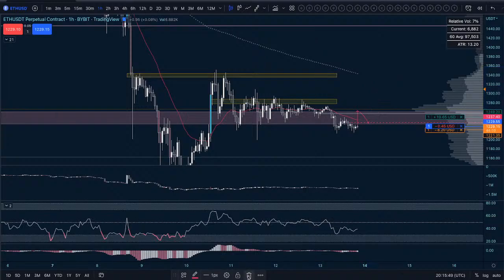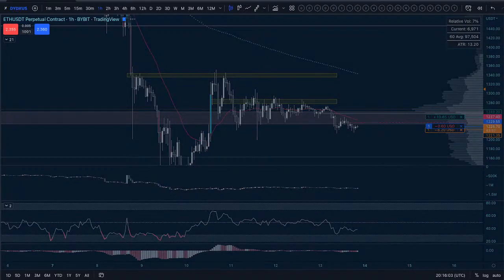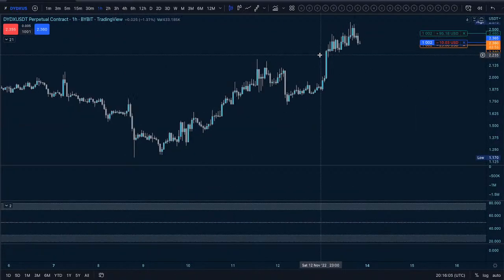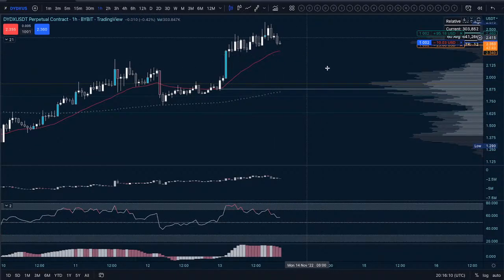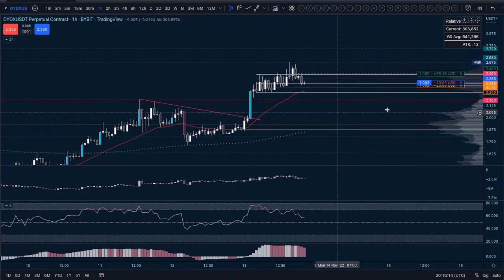Yeah, the 4 hour. What happened? Let's do this. If this guy is gonna pump, I think it's gonna pump after coming down there because of the range lows, if it's gonna bounce from there. So this is probably gonna get whacked.